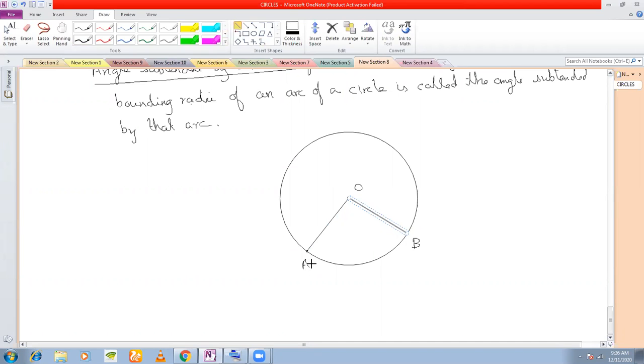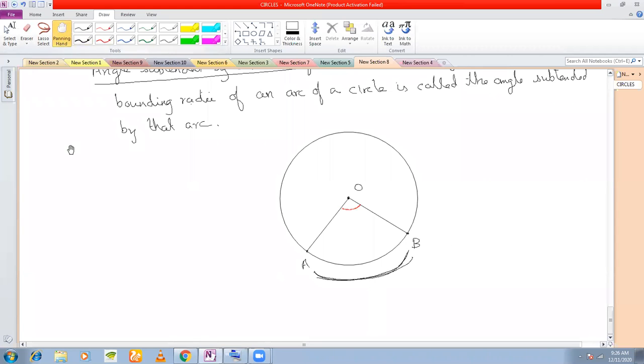This angle here is called the angle subtended by this arc AB at the center of the circle. Understood? This red angle that you can see is called the angle subtended by the arc AB at the center.